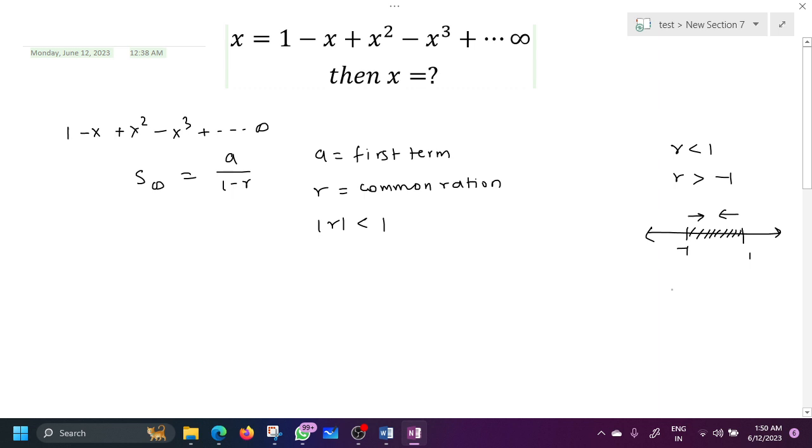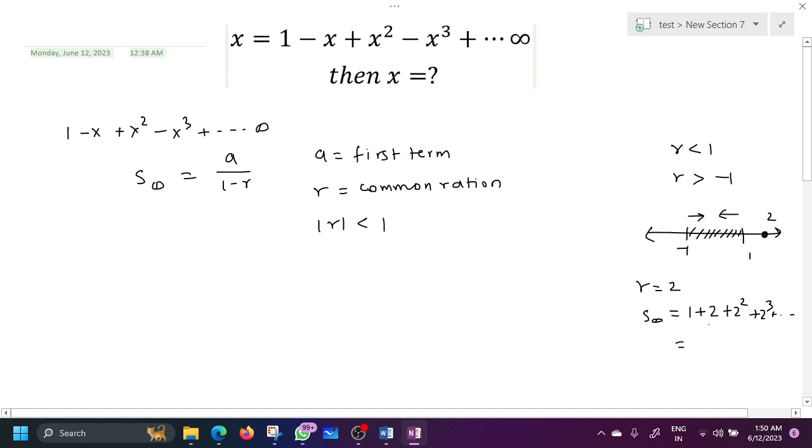If r won't lie in this interval, then what will happen is the question. Suppose r is somewhere here and this value is 2. If r is equal to 2, what will happen? Let us take a simple series, s infinity of 1: the first term is 1, and then you have 2, plus 2 square, plus 2 cube and so on.